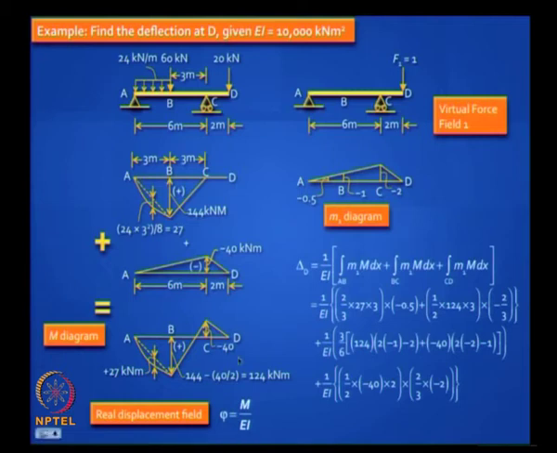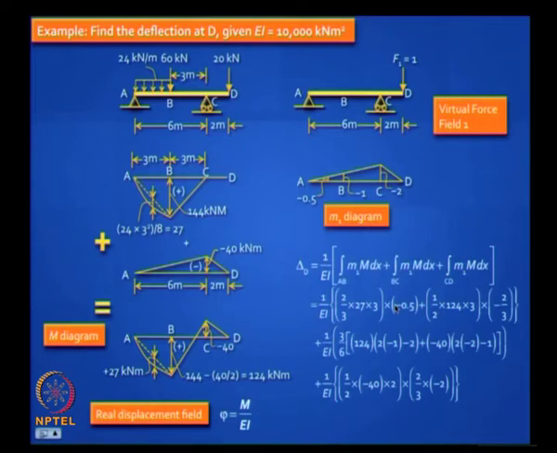But just to go through this once again, this curved part has a maximum value in the middle of 27 kilonewton meter. It is a parabola, so the area of the parabola is 2/3 that of the equivalent rectangle. This length is 3 meters, so it is 2/3 into 27 into 3, that is the area. Its centroid is at this location where the ordinate here is minus 0.5, so you multiply by minus 0.5.